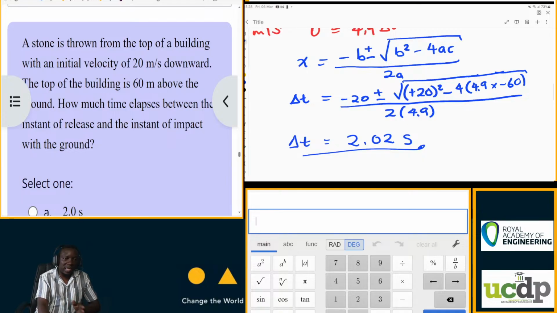The directions are important, which equation you're going to use is important, and then make sure you don't make errors in entering the values to get the final answer. That is what is of most importance. So 2.02 should be your answer for this question.